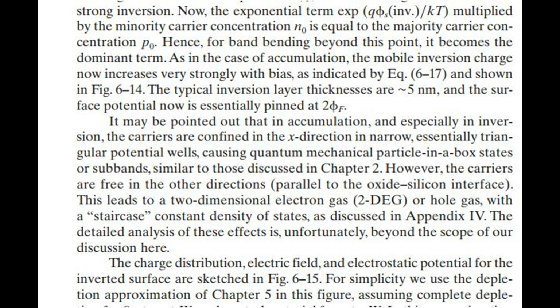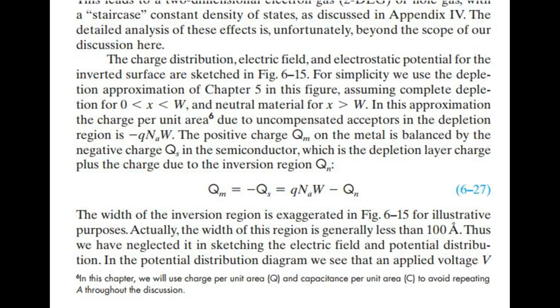The charge distribution, electric field, and electrostatic potential for the inverted surface are sketched in Fig 6.15. For simplicity we use the depletion approximation of Chapter 5 in this figure, assuming complete depletion for 0<x<W, and neutral material for x>W.